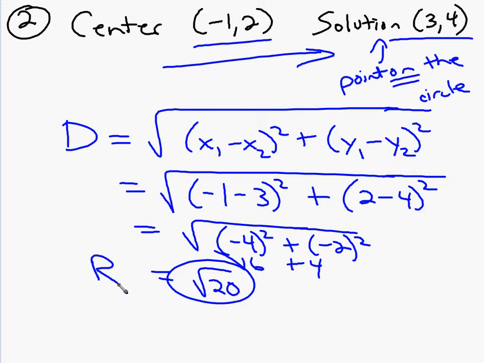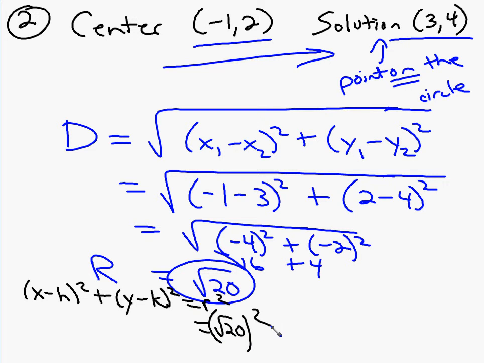So then you just go to your equation of a circle, x minus h quantity squared plus y minus k quantity squared equals r squared. My square root of 20 goes in for r, so the square root of 20 squared. And then which point up on top do I use?